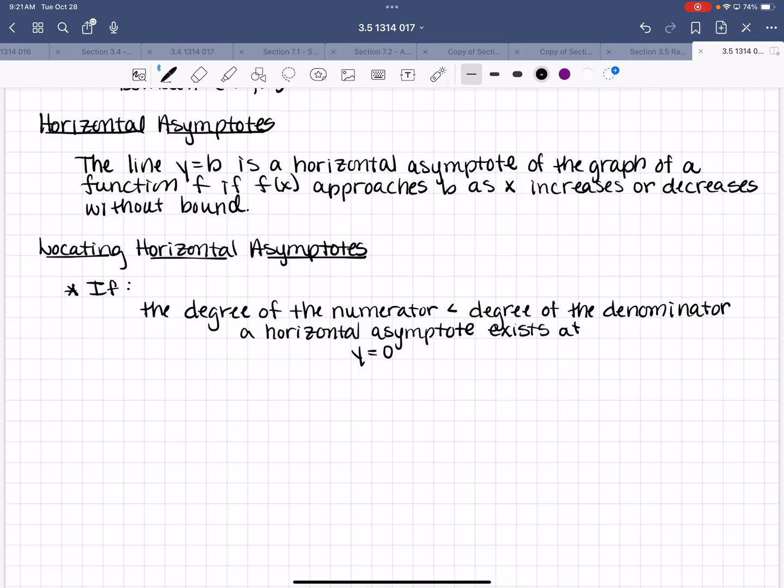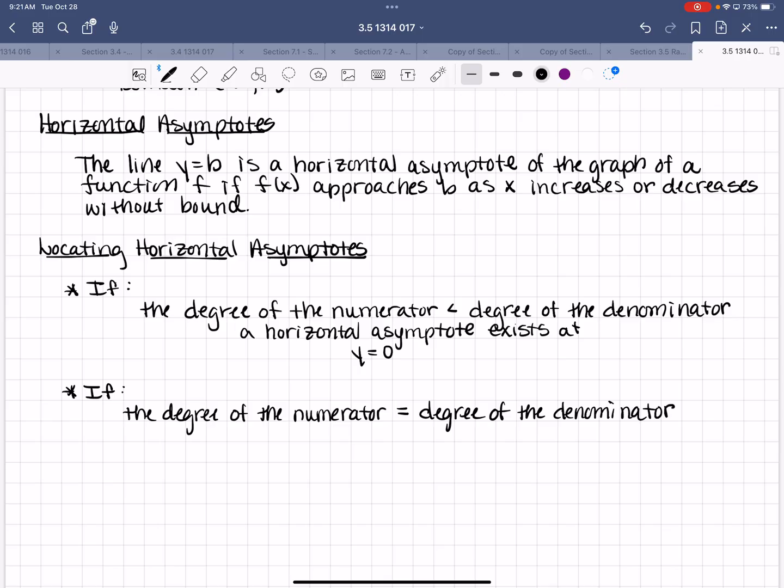All right, so let's look at a different case. If the degree of the numerator equals the degree of the denominator, a horizontal asymptote exists at the leading coefficient.